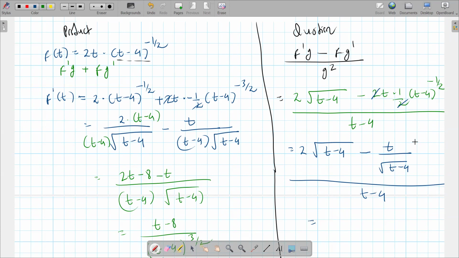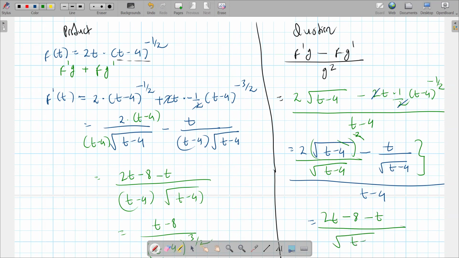Just going to focus here. The common denominator is root t minus 4. So you have to multiply this by t minus 4 on the numerator, which is the same thing as squaring it, and t minus 4 on the denominator. This and this cancels out. You'll get 2t minus 8 minus t all over root t minus 4.